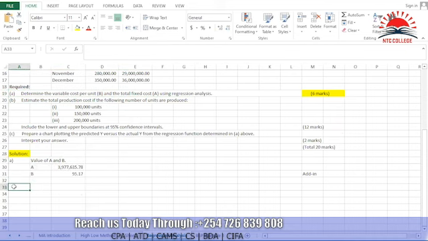Let's look at part B of the question, which says that we estimate the total production cost if the following number of units are produced. We want the total cost of producing these units.